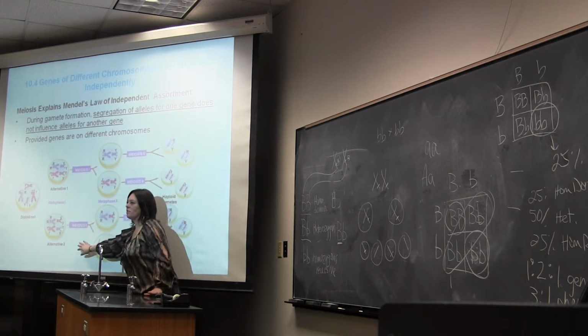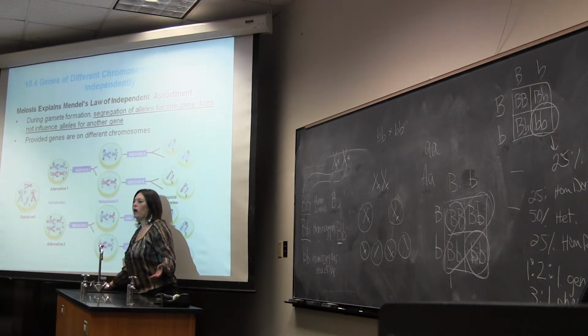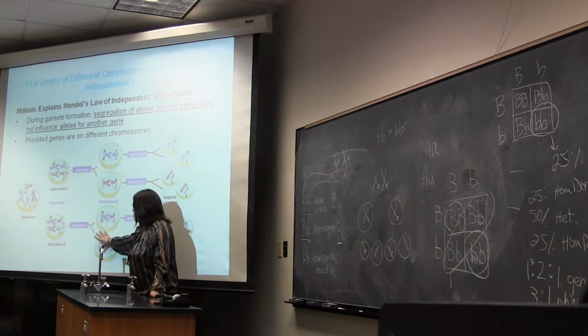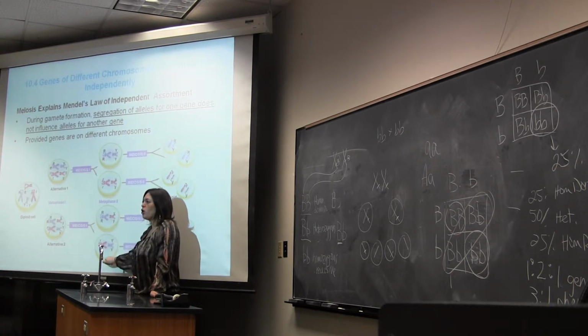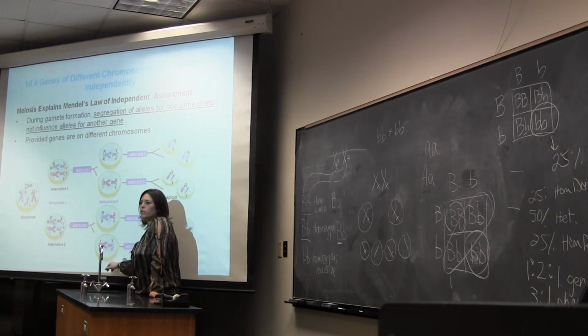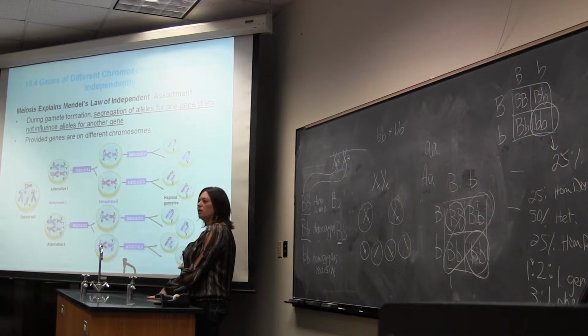In this other possibility, we have one of dad's on top and one of dad's on bottom, and one of mom's on top and one of mom's on bottom. In meiosis 1, we're separating the homologous chromosomes, but now we have one full chromosome from mom and one full chromosome from dad. After meiosis 2, that's going to change the pattern of your alleles.